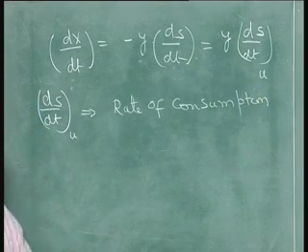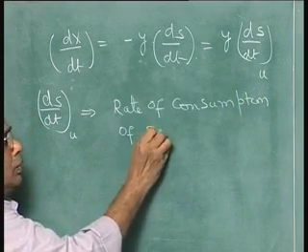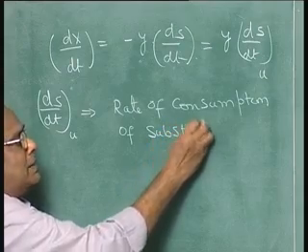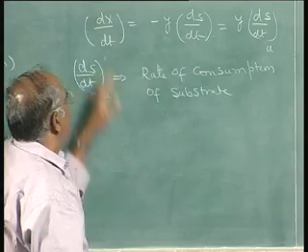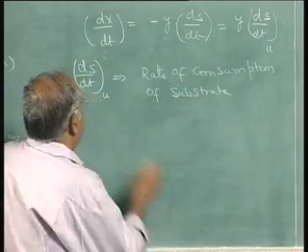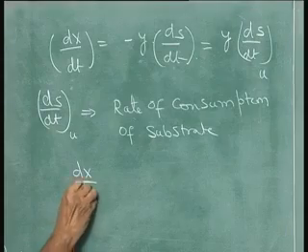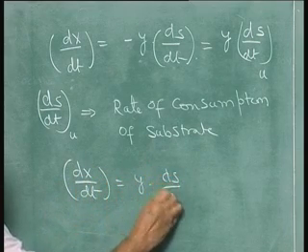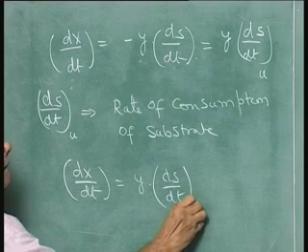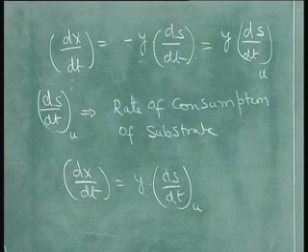When I write utilized, I take off the minus sign. So dx by dt is equal to y times ds by dt utilized. These equations are mirror images.